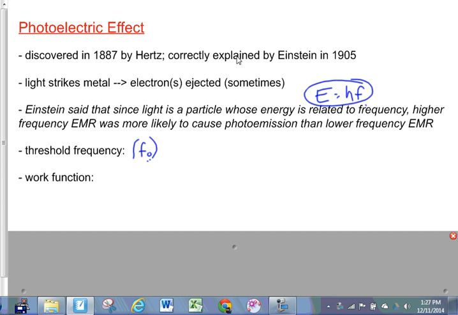The threshold value is the minimum frequency of the EMR, or the minimum frequency of the photon, necessary to eject an electron.